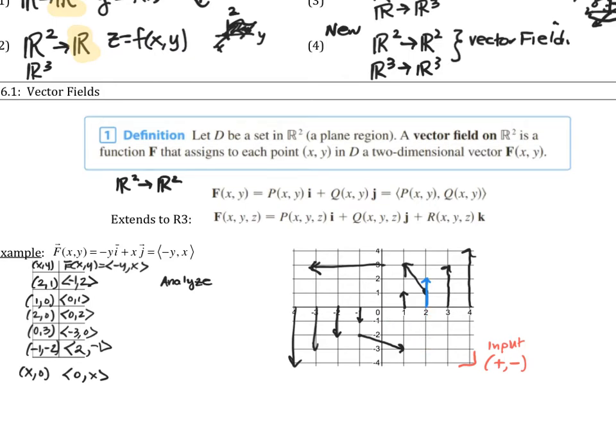If we put in a positive x and a negative y, then the vector that comes out, remember the x becomes the y. This component, whatever it is, becomes the x component, and we change its sign. So for every single vector over here, the outcome is going to be positive, positive, so up and to the right. I'm not drawing them in yet. I'm just saying they're all going up and to the right.